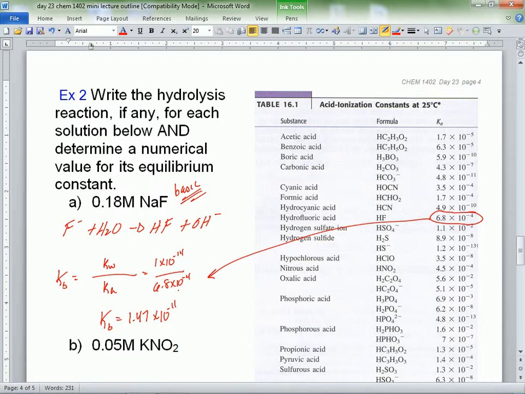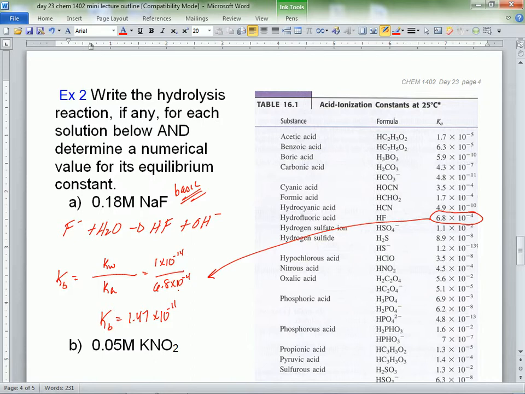If you got it, go on to B. Try B. Make sure you can get that number. I want to make sure you can do it in the calculator. Yeah, good.